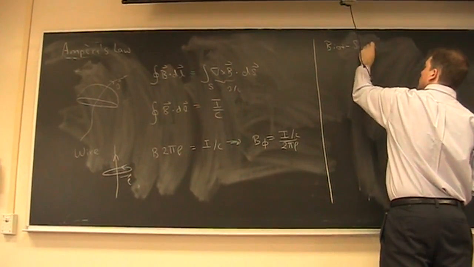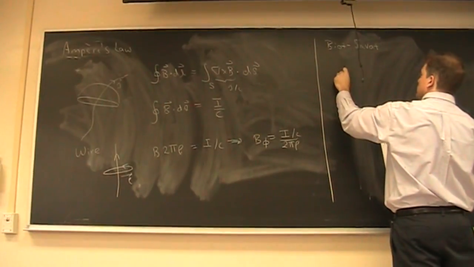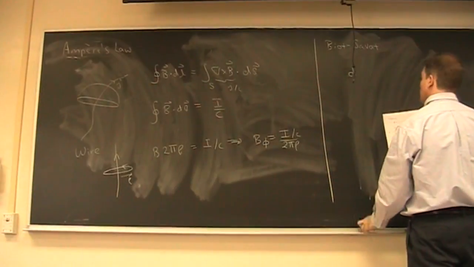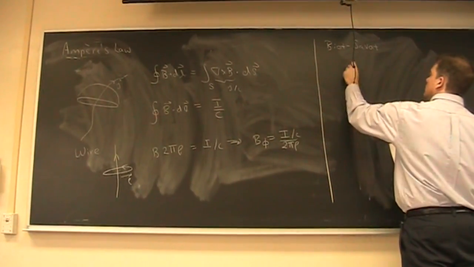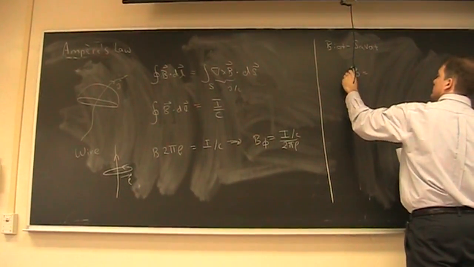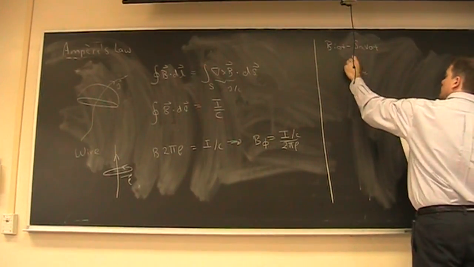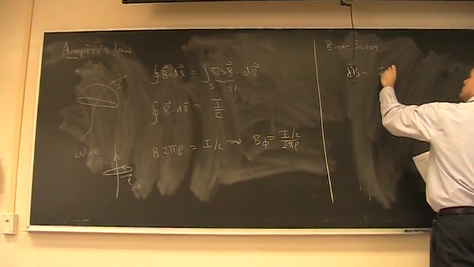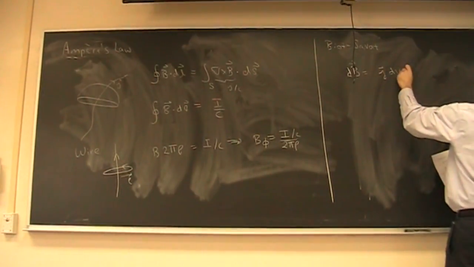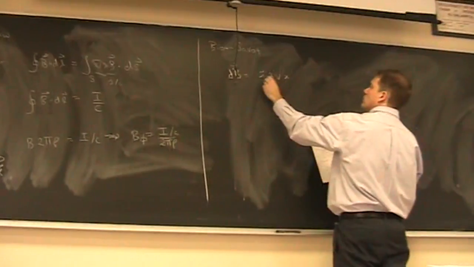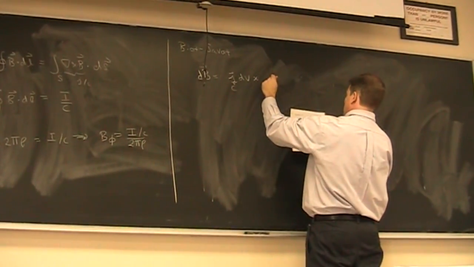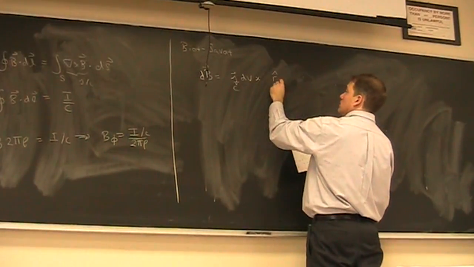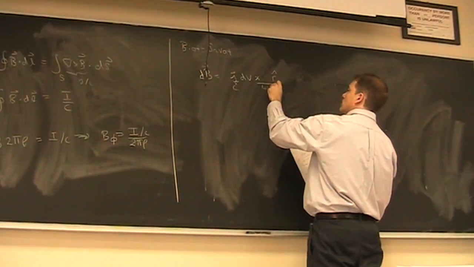Well, what does it say? It says dB, the vector, is a sum of J dV times 1 over C, R hat, over 4 pi r squared.